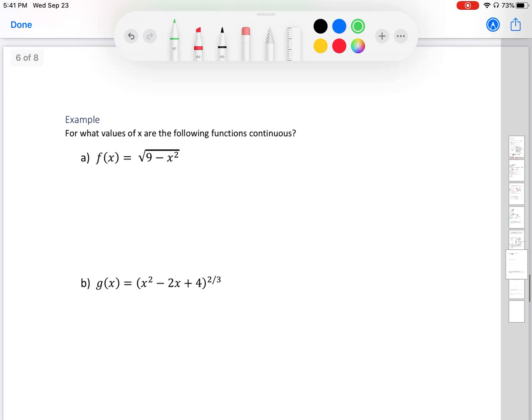All right, let's take a look at these examples. For what values of x are the following functions continuous? For the first one, we have f of x equals the square root of (9 minus x squared). This graph right here is a semicircle, a top semicircle.